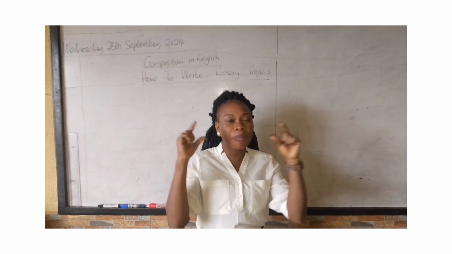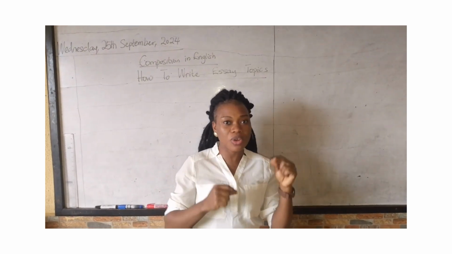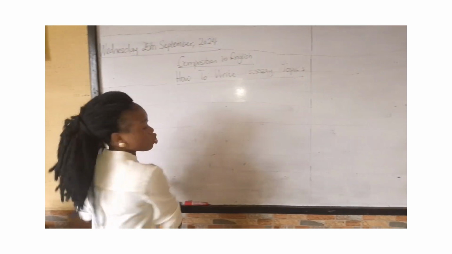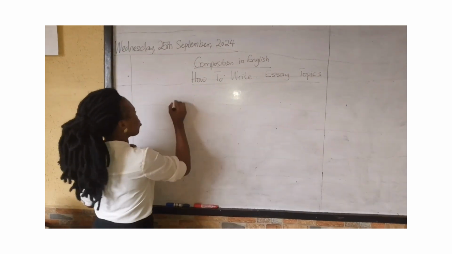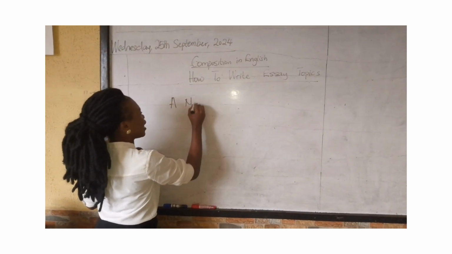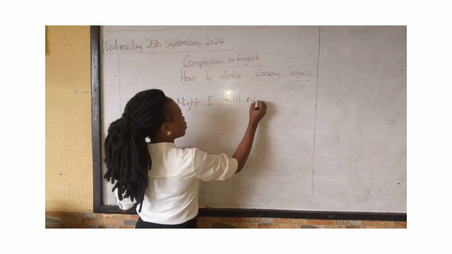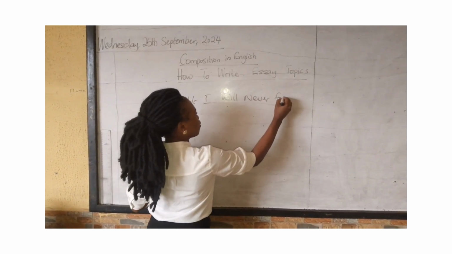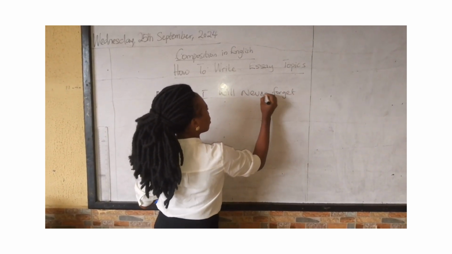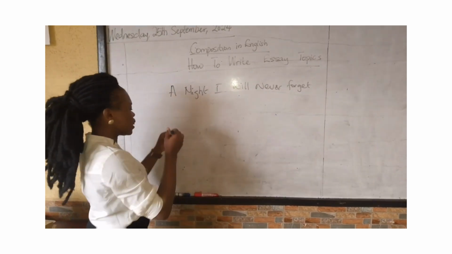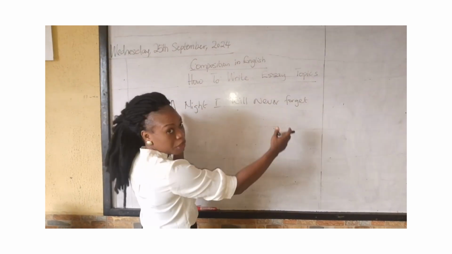So now let's pick the first one, "A night I will never forget." Usually, students will just write this, "A night I will never forget," not minding that it should be written properly.